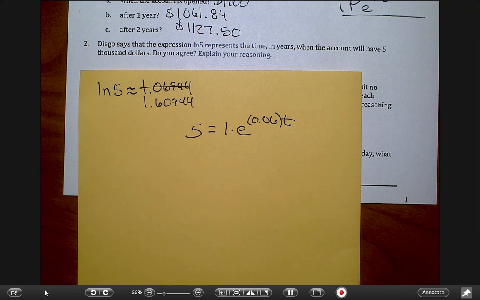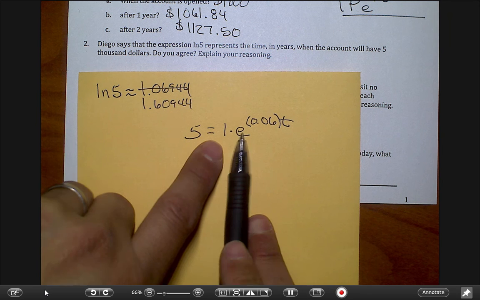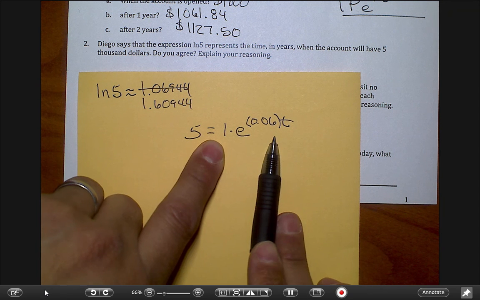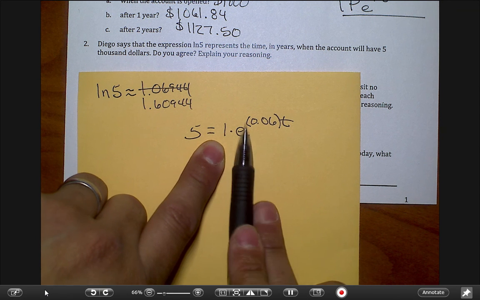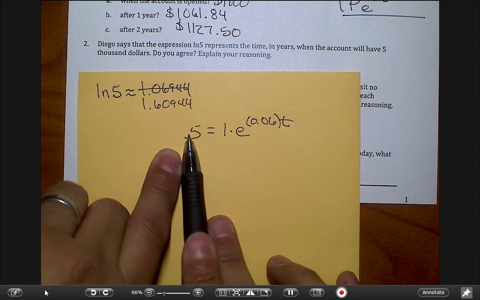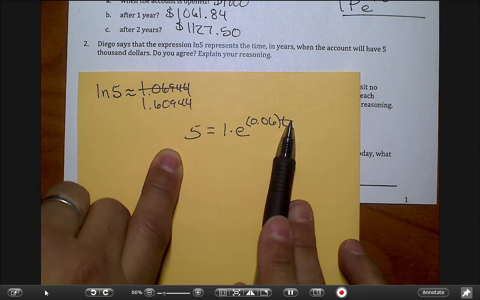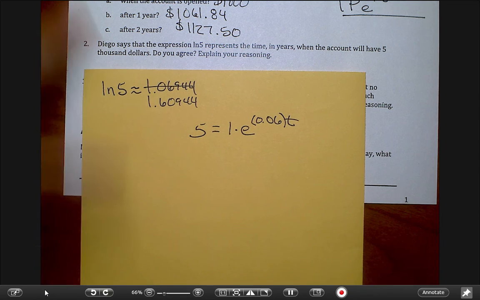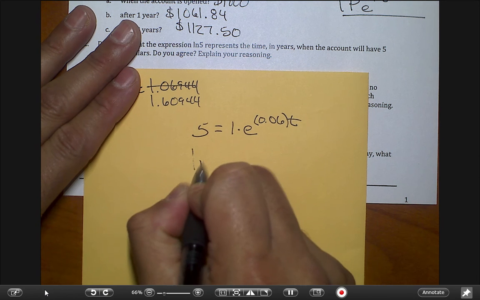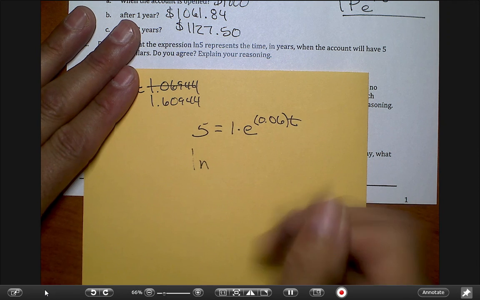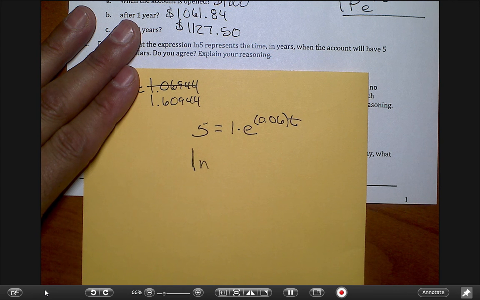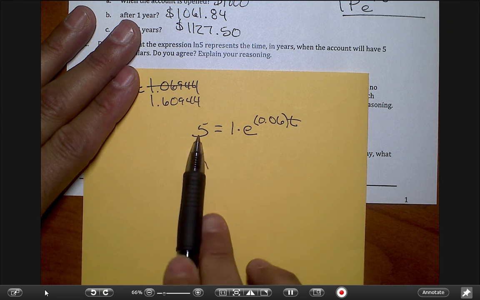So let's go ahead and do some math. Okay, so we're going to try and get this by itself, but 1 times e is just e, right? So my base is here, my y value is here, my x is here. So let's log this. Or in this case, ln, right? So I'm going to write ln of 5.